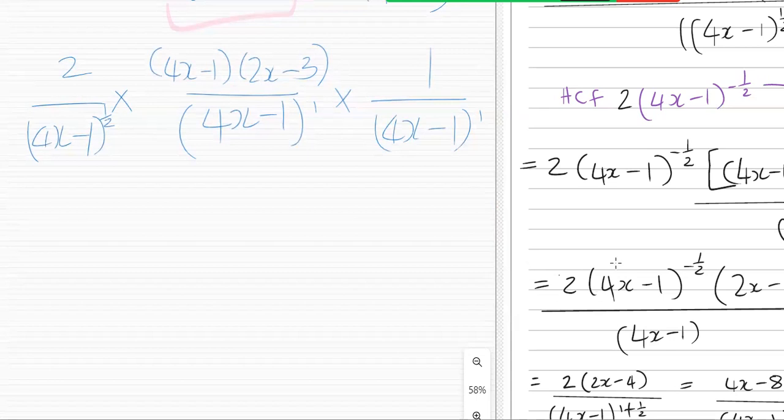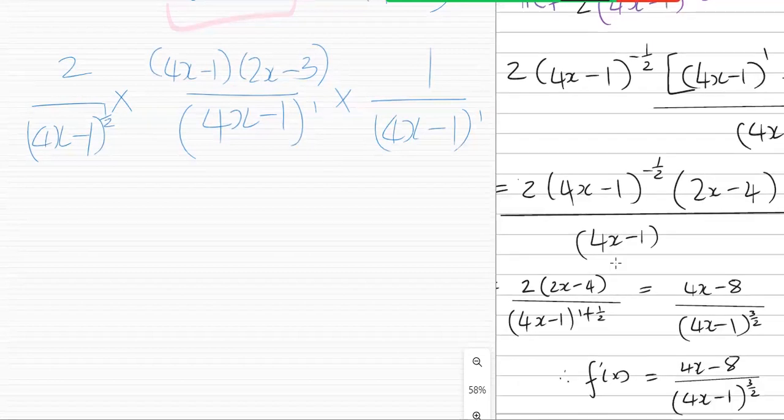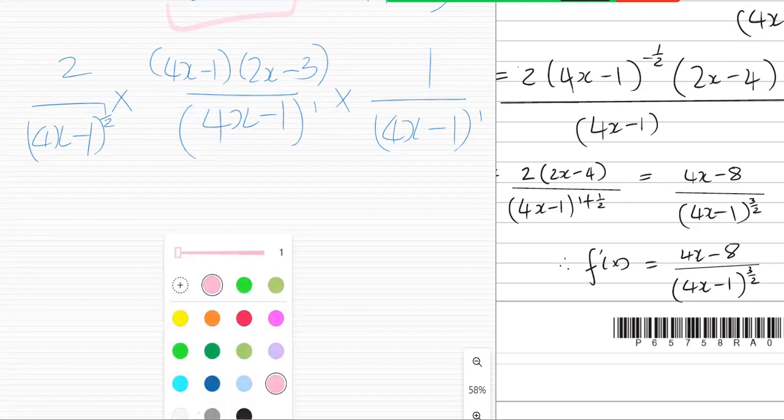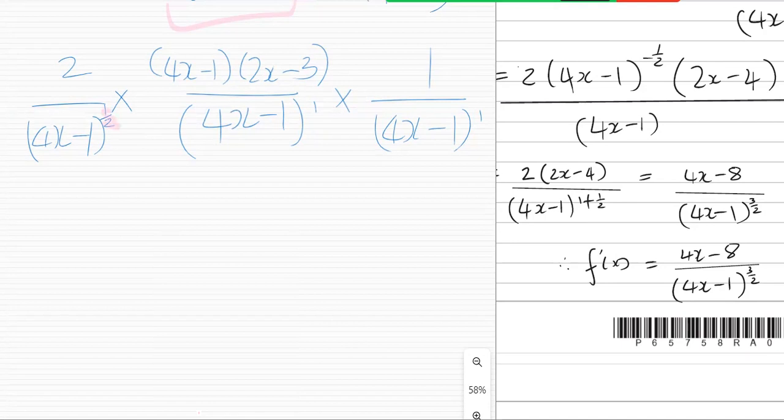Nearly there. So now the problem with this denominator is that this one is a half and the other two are ones, but since it's timesing, you can just times top by top and bottom by bottom.